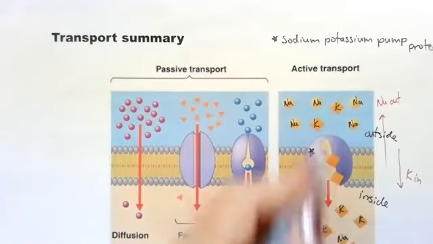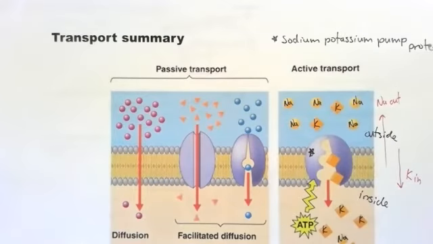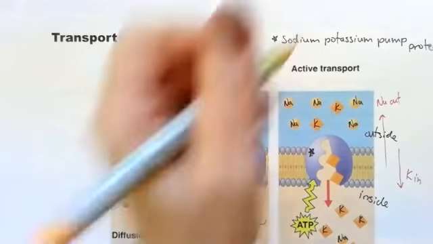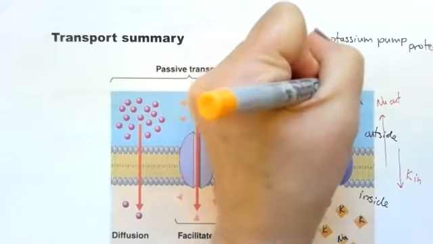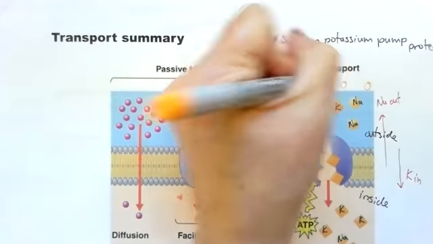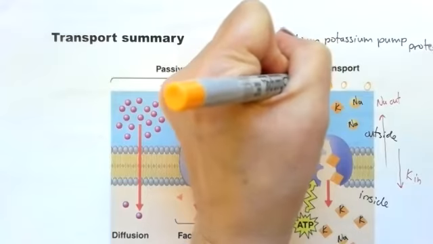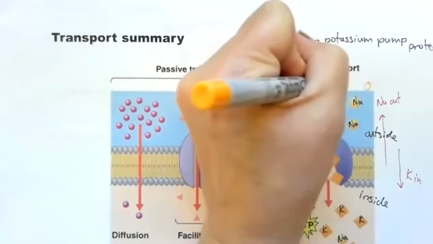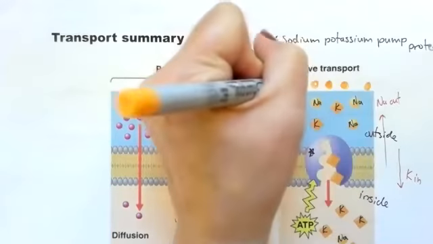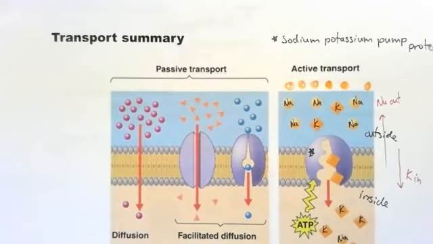And so it's actually going to make this worse. We're going to keep adding sodium outside the cell. And instead of letting the concentration equalize, we're going to make it worse. We're going to make sodium more concentrated.